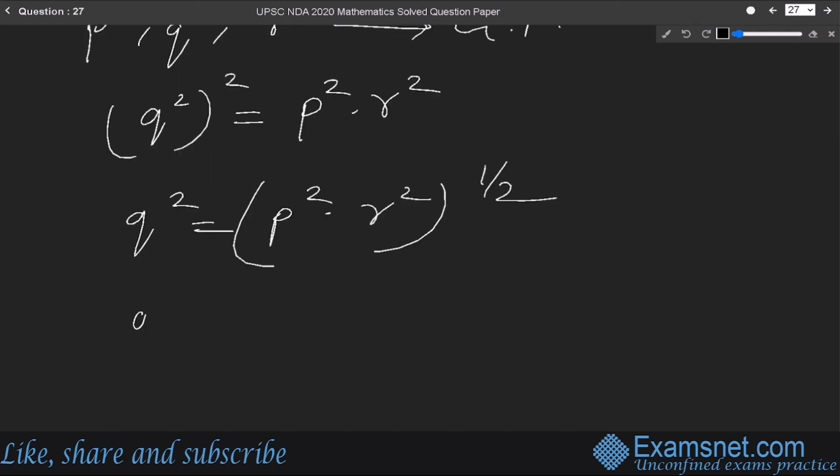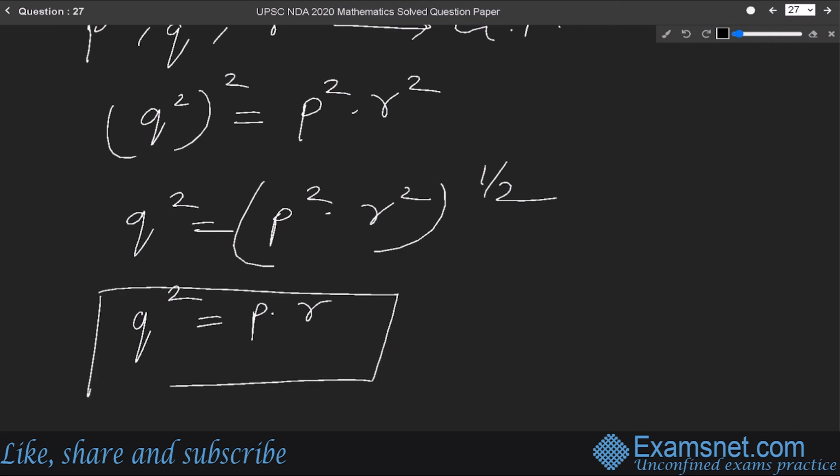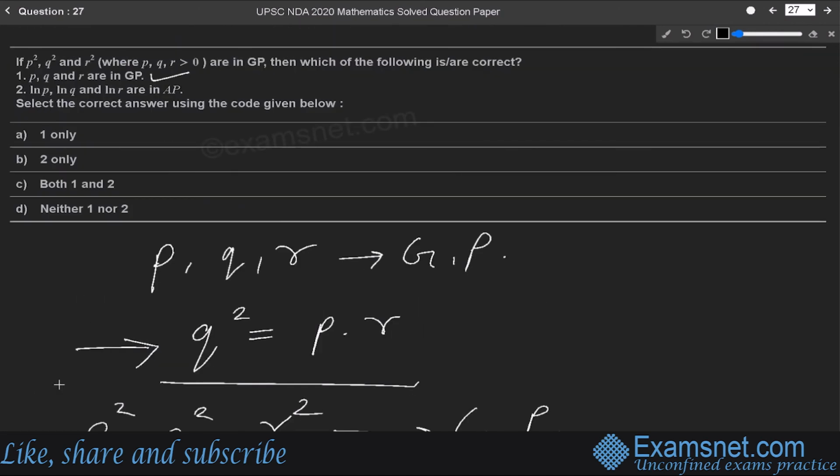Then Q square is equals to P into R. Means we have found that Q square is equals to P into R. It means that P, Q and R are in GP. So we can say that the first statement is absolutely correct.